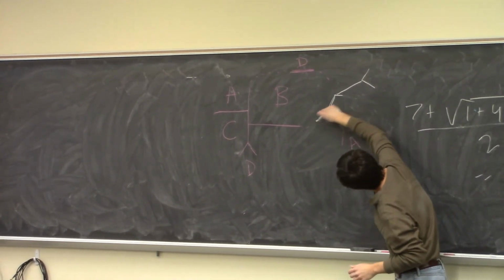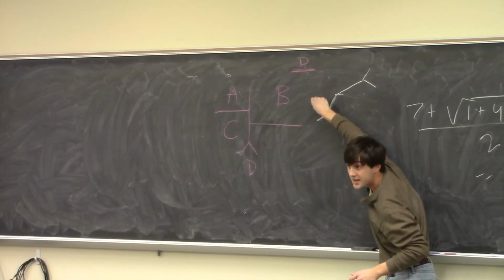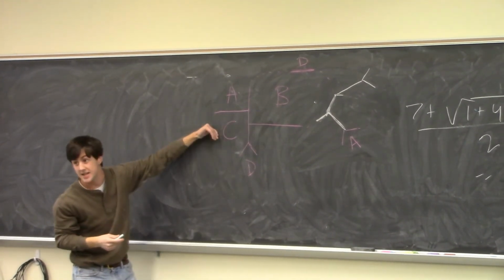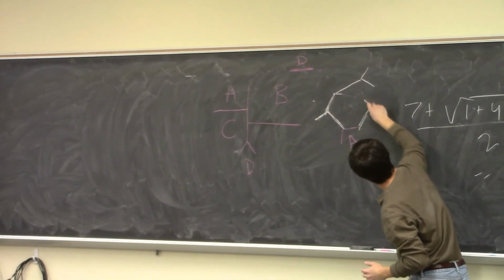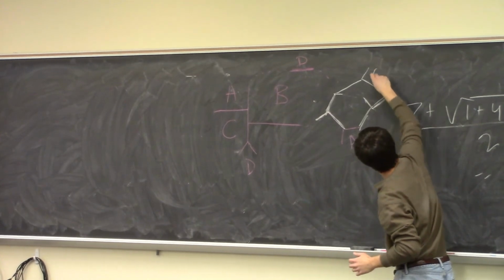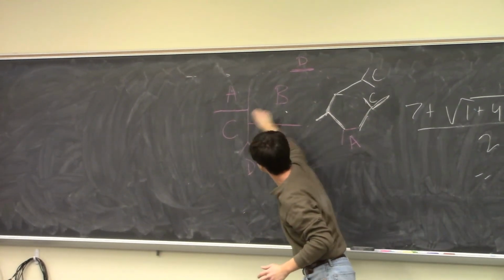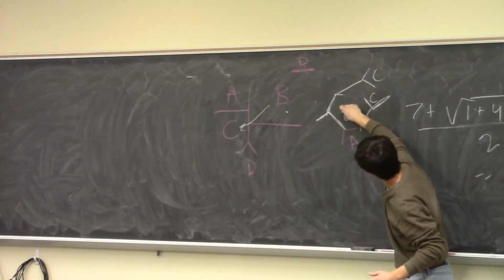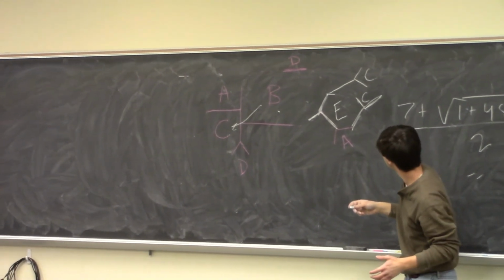Consider this prong of edges coming off A. Here's region B. The same clockwise rotation around A, sending B to C, sends this prong to another prong like this. This was C, and this was also C. This is the image of B under this rotation. So here we have some region, we don't know what it is, call it E. But what do we know about it?